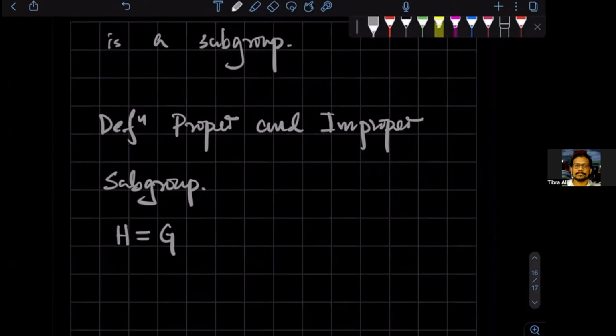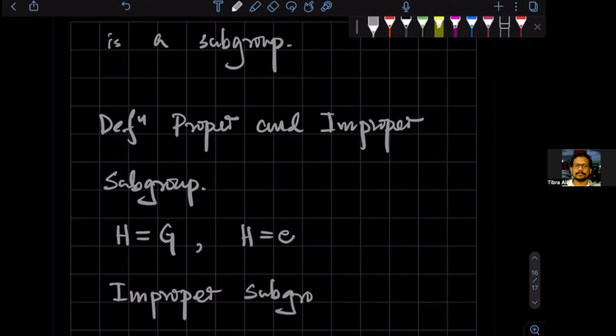The whole group G itself is a subgroup, trivially, and the identity element itself is also a subgroup trivially, so these are not interesting, and they're called improper subgroups.